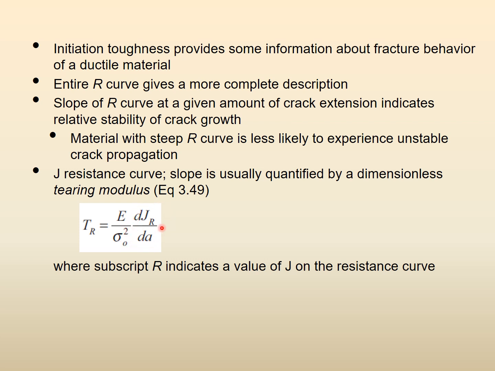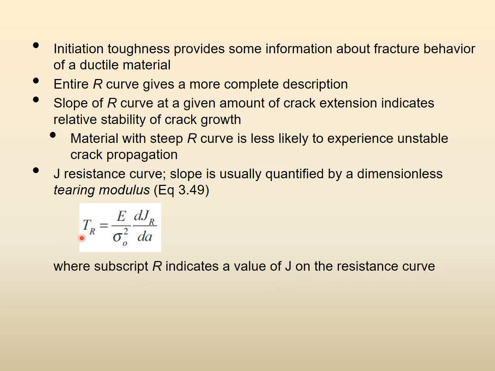So this is the simple dJ/dA of the JR resistance curve, but you multiply it by E over sigma naught squared. Then this slope is converted into a standard slope, which is called the tearing modulus. They define this because with E over sigma naught squared it becomes easier to calculate things, as they will show later on.